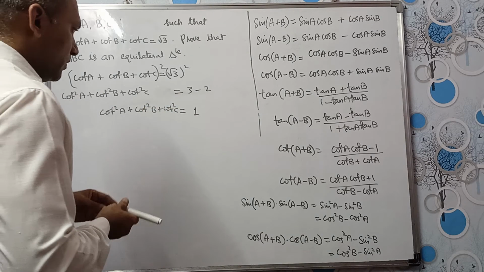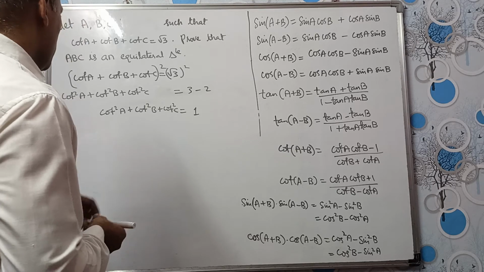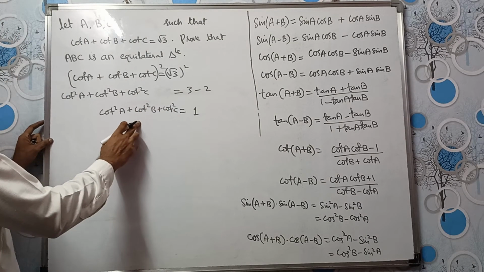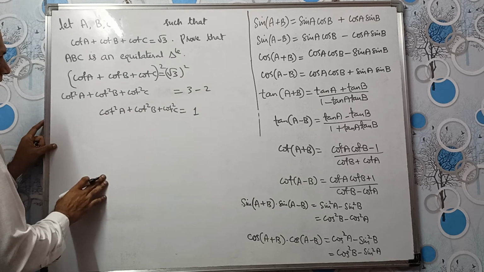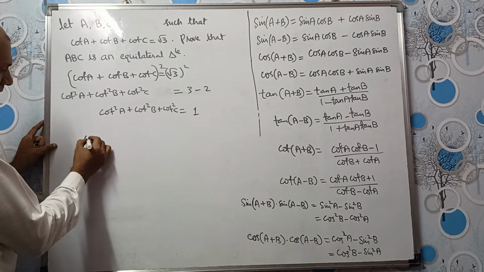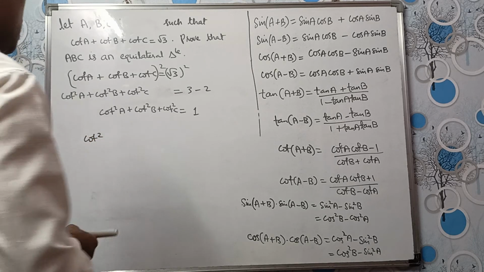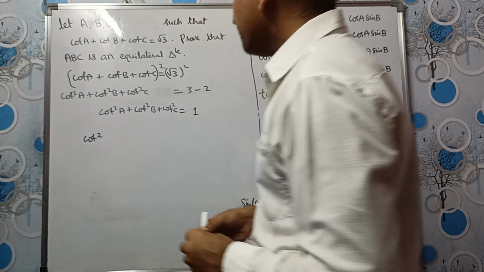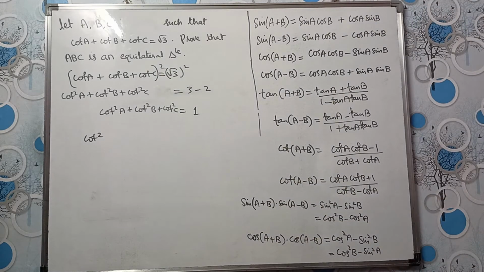Like that we can prove it. Or see what else we can do now. What do we have? We have cot A, cot B, cot C is equal to 1. I rubbed that part, right?